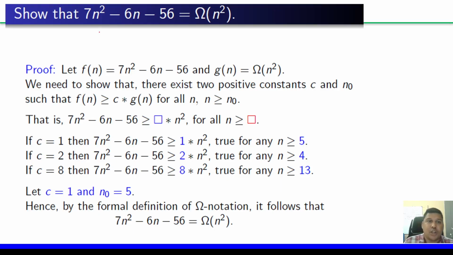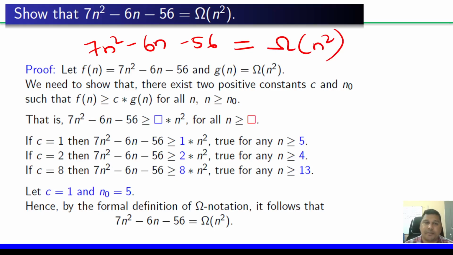Let's see this example. Show that 7n square minus 6n minus 56 can be expressed as big omega of n square. Actually, for this problem, this is true. Can I write here equal to big omega of n? Is this statement true? 7n square minus 6n minus 56 equal to omega of n.